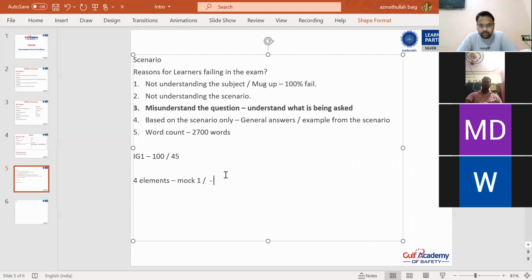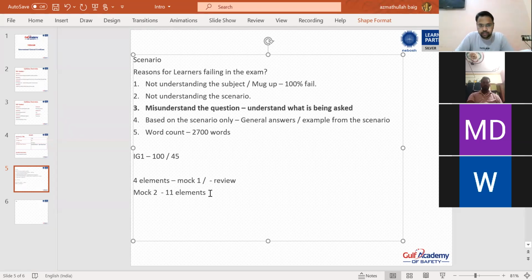Once this exam is completed, I'll share the review of that particular exam paper so that you can compare your answers based on the review. You can simply cross verify whether you have written the correct answer or not. And you will have a mock 2, second mock paper, once we complete all our 11 elements. These 2 mock papers over.